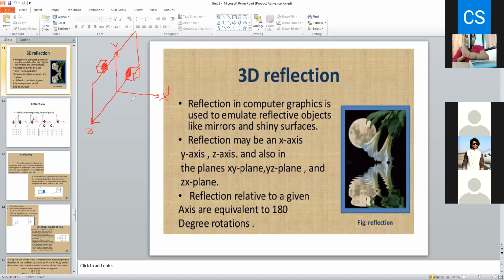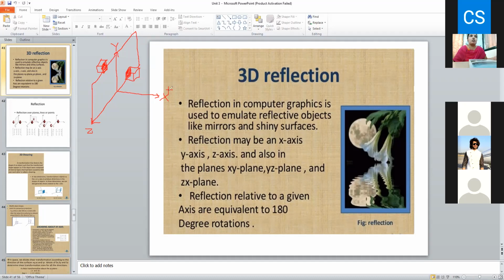So I can say now that after reflection, the object is not going to change except its x coordinate. Now this was your YZ plane.